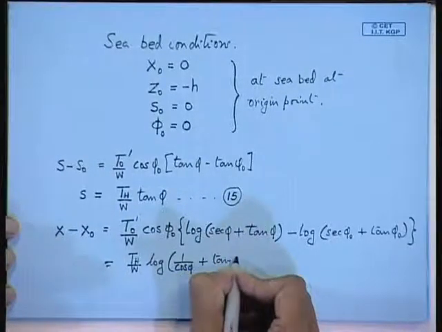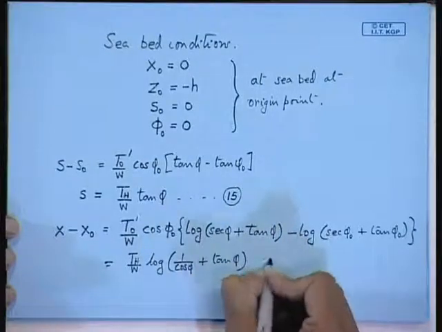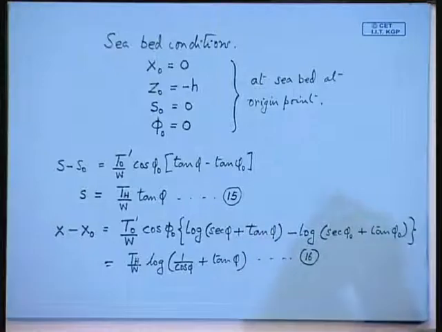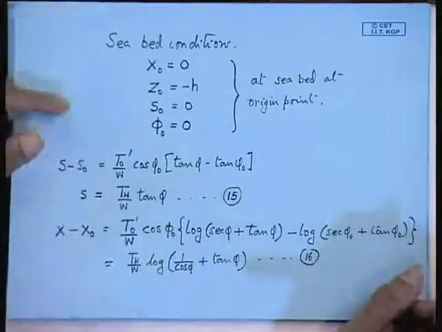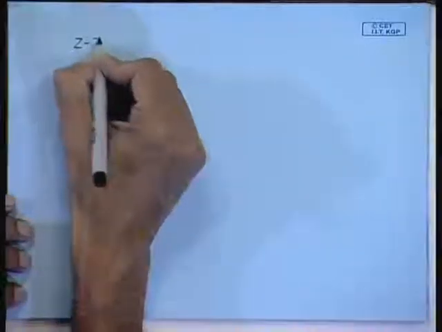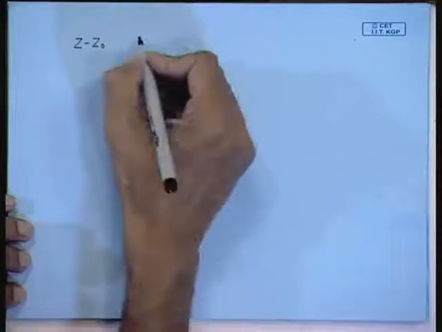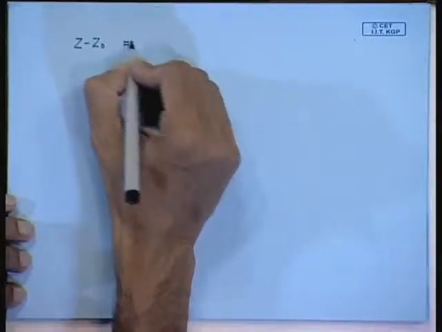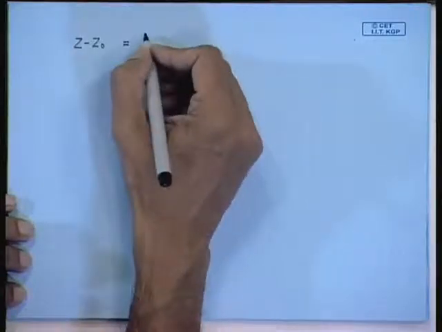So, you can write this as equation 16. And the other equation, the vertical projection, we have derived as z minus z naught, but z naught is not equal to 0. So, be careful when you are substituting: z naught equals minus h.